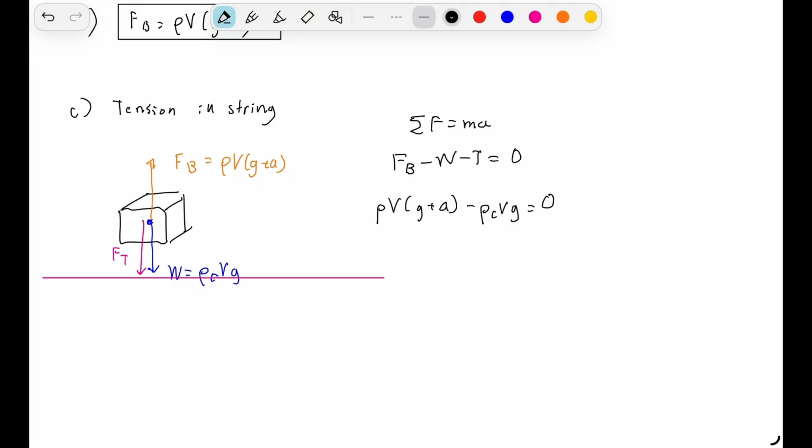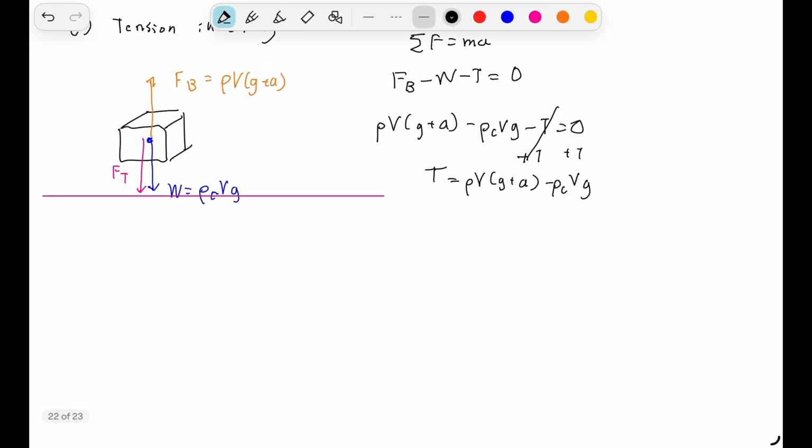So you just solve for T by adding T to the other side. T is equal to rho V times G plus A, minus rho C V G. So that's going to be your answer.